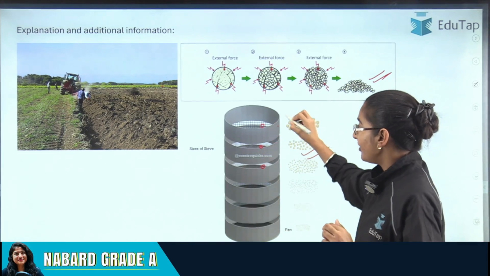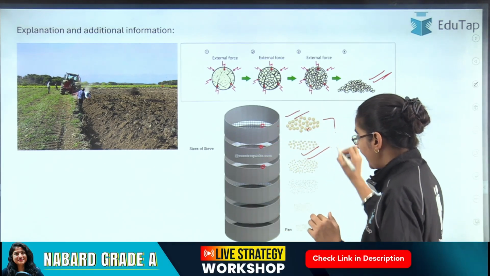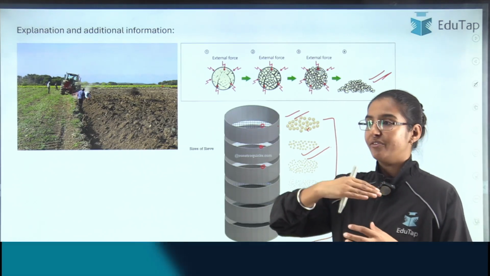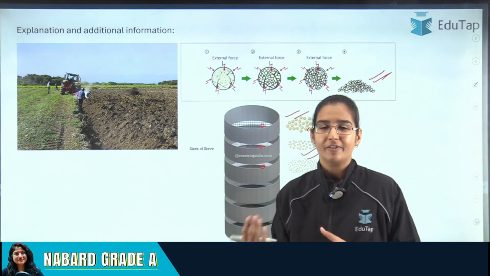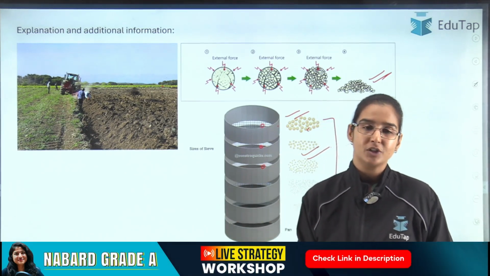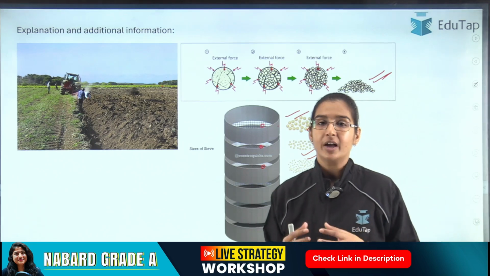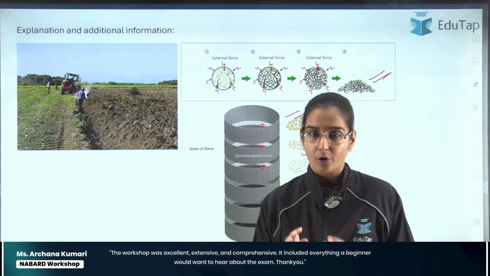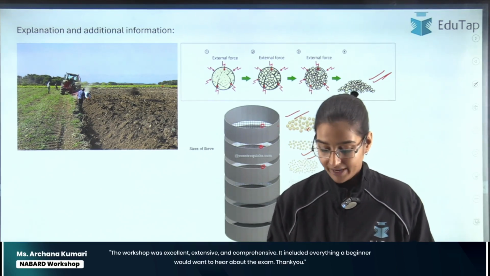Through this sieve analysis, we separate the soil particles, then we take their cumulative weight, and then we plot it on a graph. So there is a very detailed and technical process involved here, and through that we come to know whether the particle size distribution is ideal or not. So that is soil pulverization.